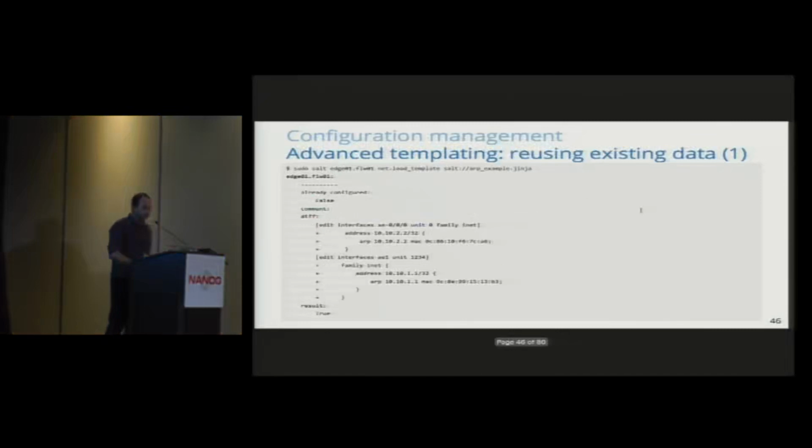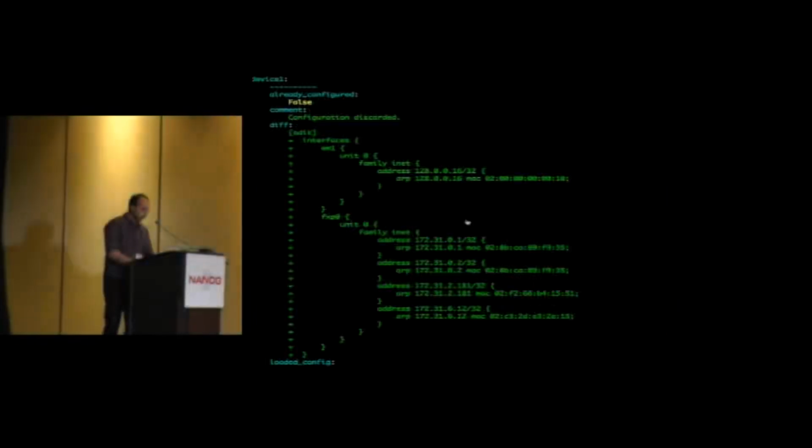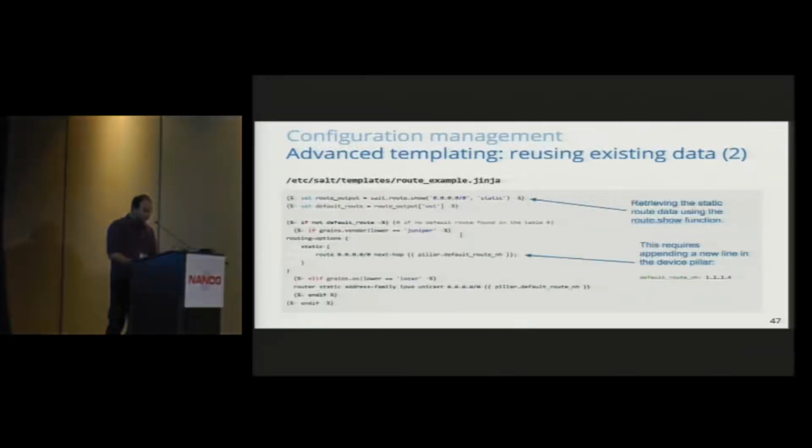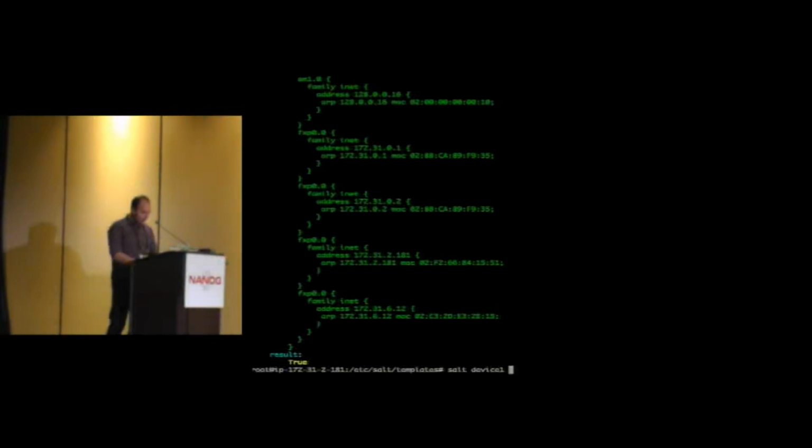I have another example of advanced templating. This one retrieves the properties of the default static route, and if it's not there, it's going to add it. If it is, it won't generate anything. Before going on, let's see what this command does.